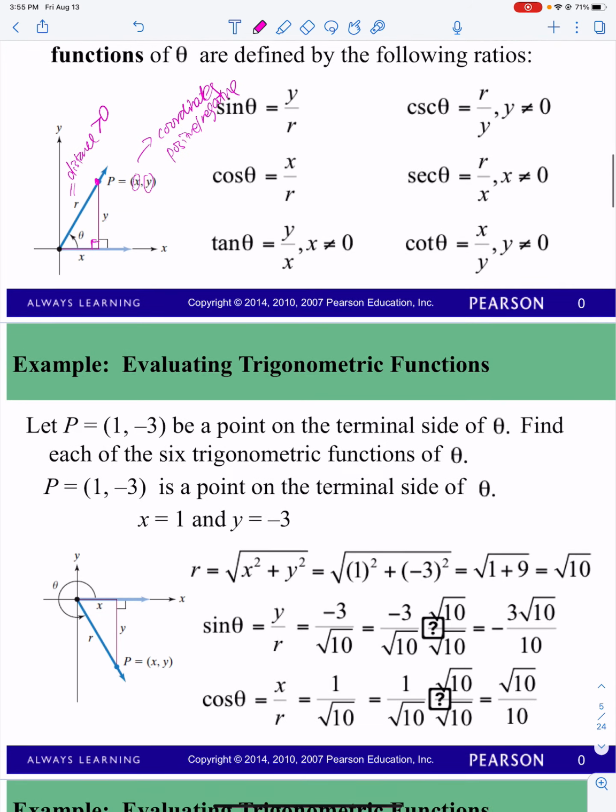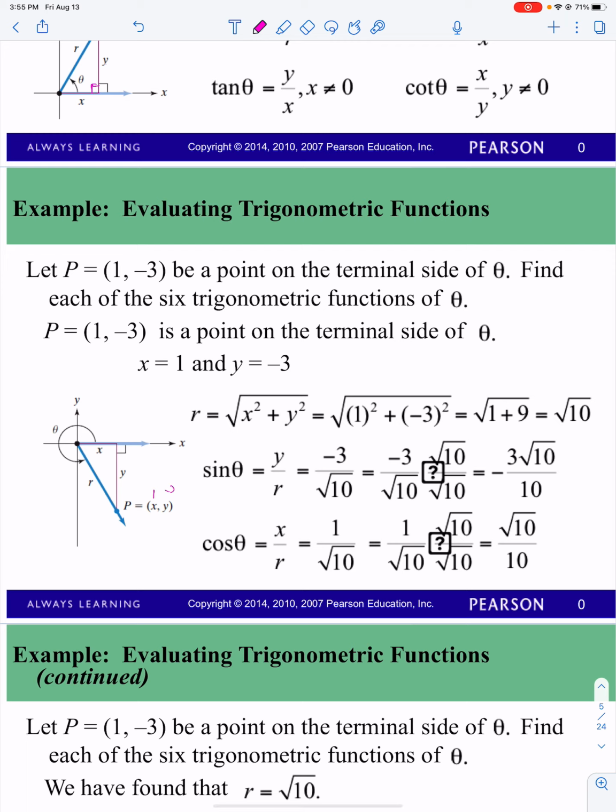Okay, so we will look at an example. P here is (1, -3). So your x equals 1 and y equals -3. r will be equal to the square root of 10. So what will be your sine theta? Sine theta is y over r, so it's -3 over the square root of 10.